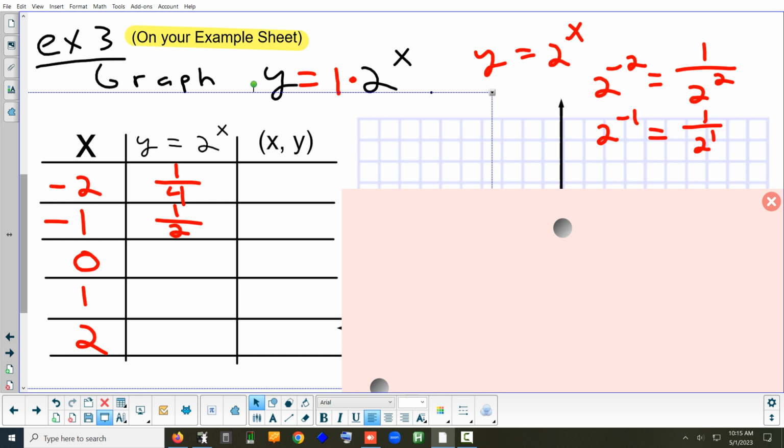All right. How about Aiden? What's my next x value to plug in? 0. And if we plug that in, what's 2 to the 0 power? 1. Anything to the 0 power is 1. Okay, Annika, what's my next x value?